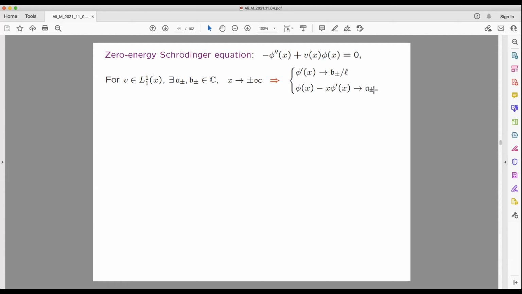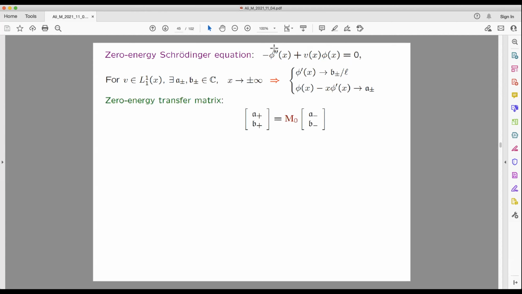This means that asymptotically, they are first order linear in x, which makes sense because if the potential is 0, you get phi double prime equal to 0. The solution is just a line. So essentially, this says it behaves like what it should.